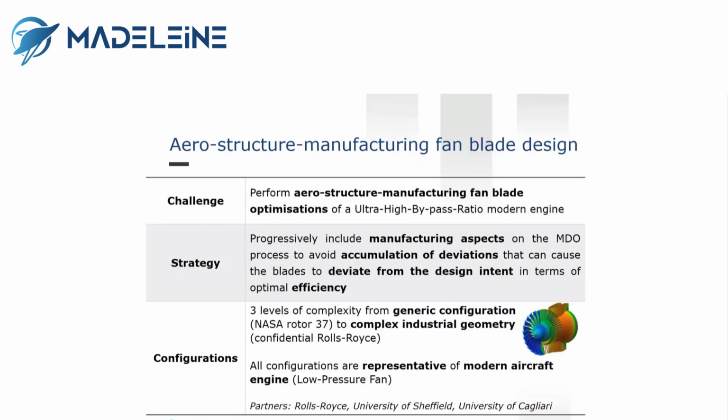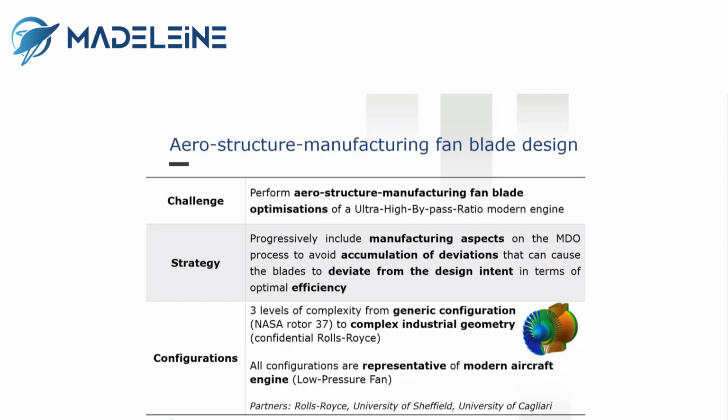The strategy, as for the first test case, was to progressively include the new disciplines in the optimization process, and also to include the manufacturing aspects in the MDO process to avoid the accumulation of important deviations in the optimal shape that could cause important deviations in terms of performance from the design intent that the optimization process can provide.